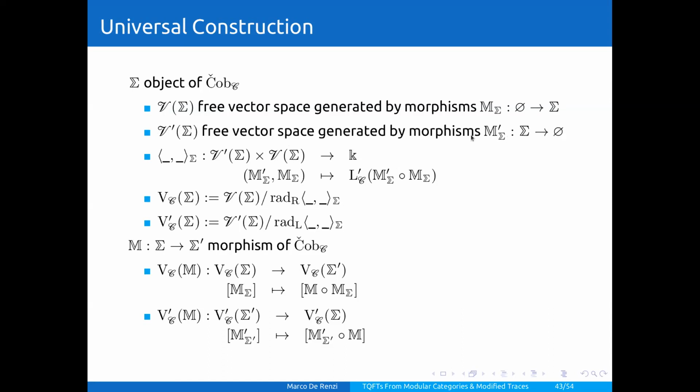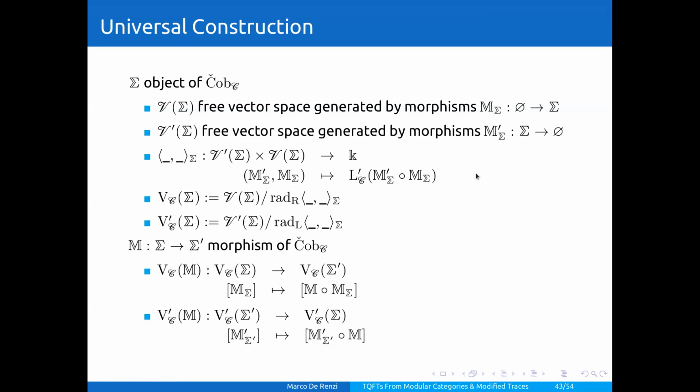And a comment here is that in the semi-simple theory, these two vector spaces are naturally isomorphic. And in this non-semi-simple setting, the story changes because, as I told you before, not every morphism here will determine a morphism here upon orientation reversal. So, for instance, you may have evaluations here which do not determine a coevaluation morphism here.